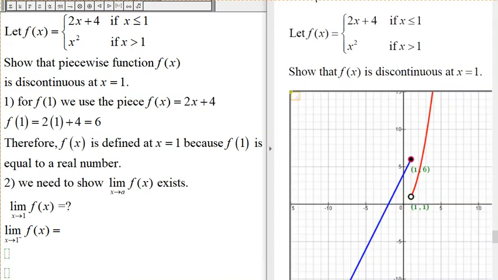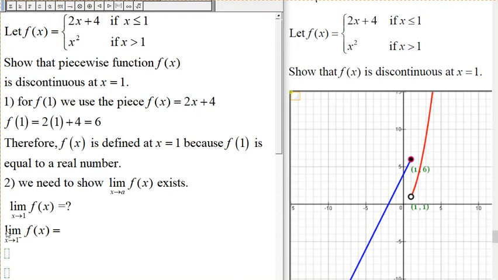And so here's the graph again. This is 1. If we are to the left of 1, then we have to use the piece 2x plus 4. If we are to the right of 1, we use the piece x squared. And so right here, the f of x will be the piece 2x plus 4.